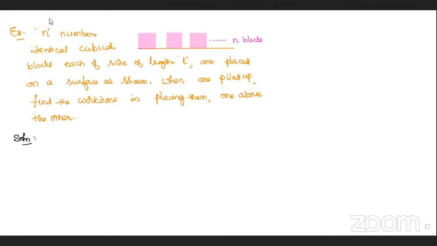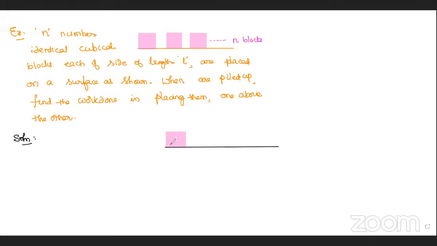Here, first thing, logically, you try to understand. This is the surface, and it is the first block. The first block is already on the floor, which means no need to move it.